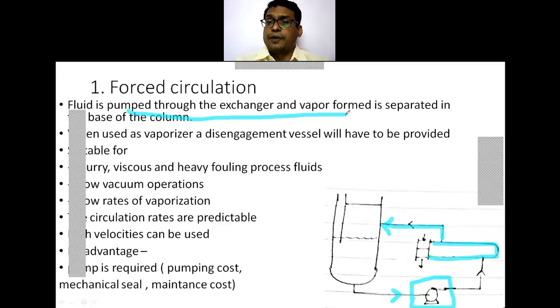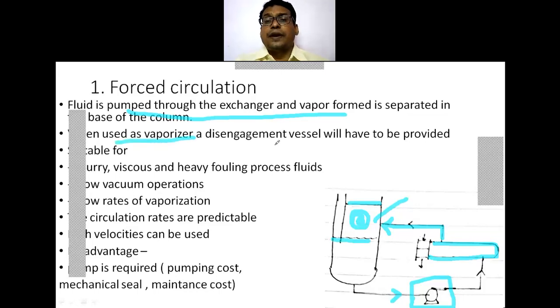The generated vapors go into the bottom of the distillation column, and the space separating the liquid and the tray works as the head space or headroom, where the separation of liquid and gases takes place.